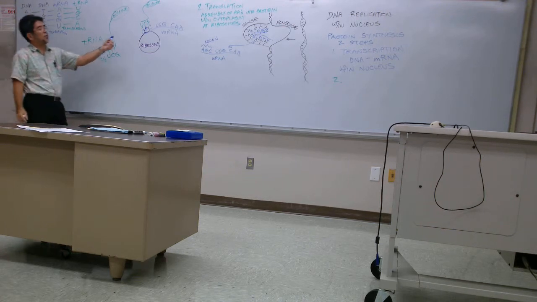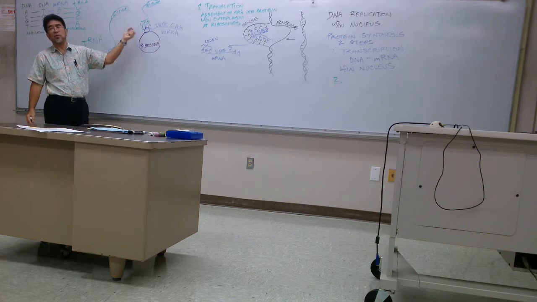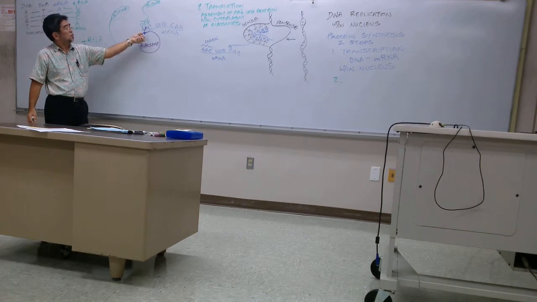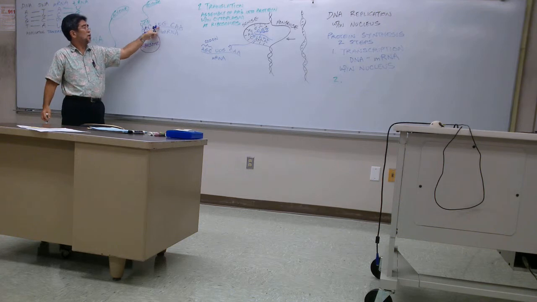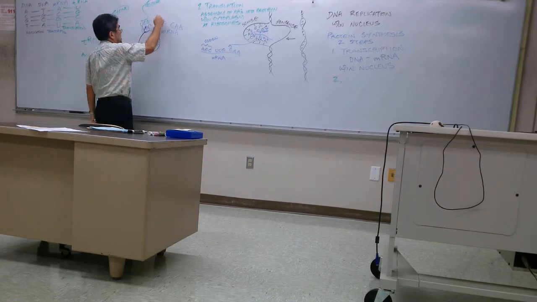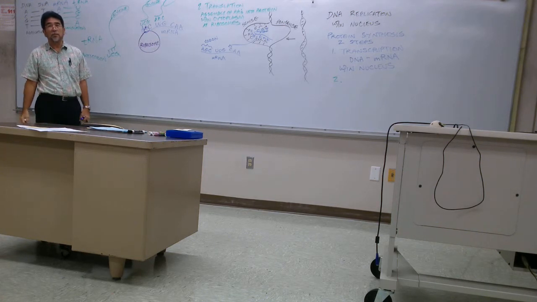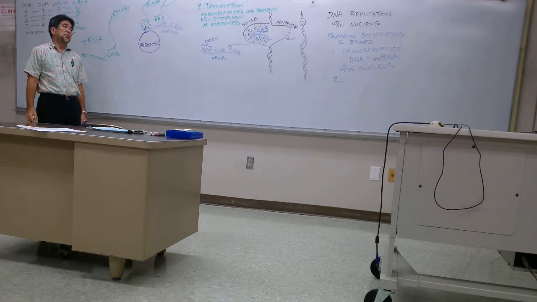This messenger RNA feeds through, like a thread feeds through a sewing machine. This messenger and the next codon lines up, and it matches up with AAC on the transfer RNA molecule, and that's leucine.